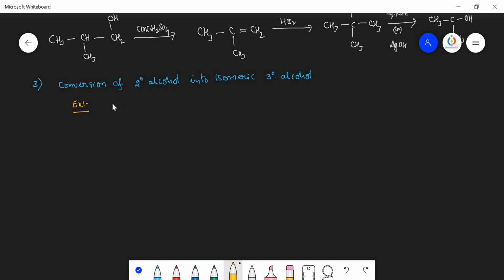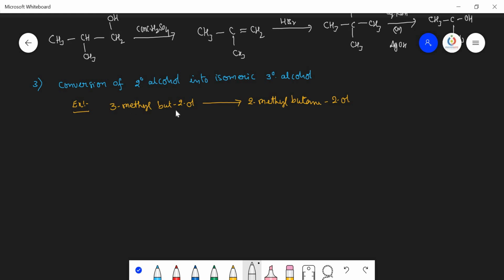That is 3-methylbutan-2-ol to be converted to 2-methylbutan-2-ol. Let's write these down.